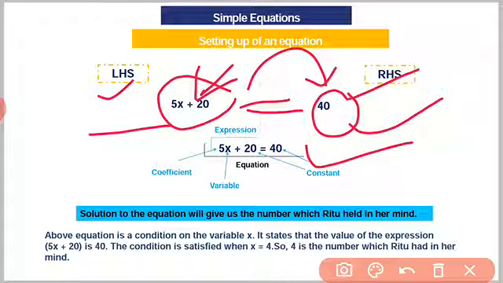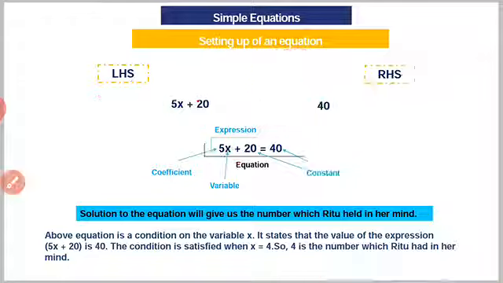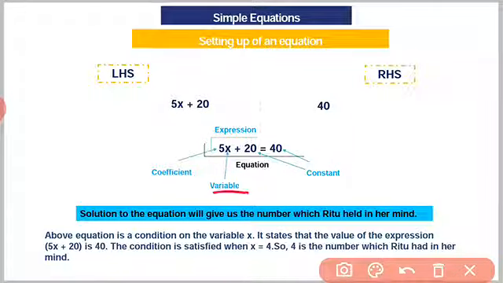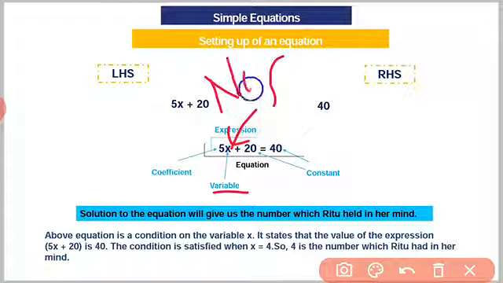When the expression on the left hand side is equal to the expression on the right hand side, we get an equation, whereas this x is a variable. The value for which is not known is called a variable, and it is denoted by any alphabet. It does not have any fixed value, no fixed value.